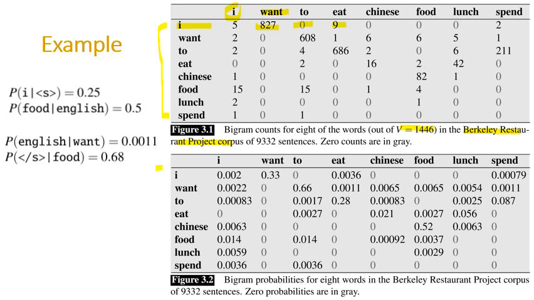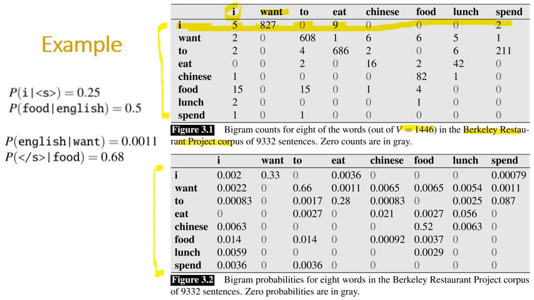And then the second table on the bottom simply computes the bigram probabilities. What is done here is that each of these numbers is divided by the sum of all the values in the row.